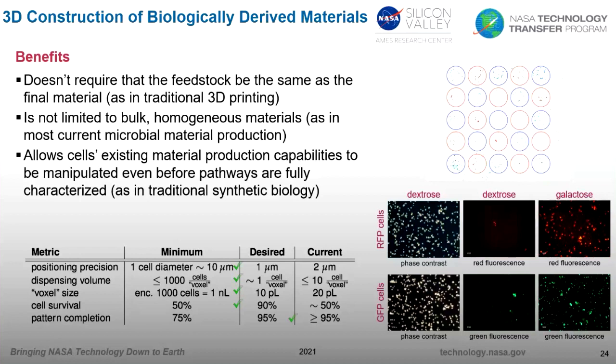You don't need to fully understand the complete production pathway that the cells have, which is what you would need to do in traditional synthetic biology if you wanted to do this with genetic engineering alone, because you've also now got physical control over the environment that you're depositing the cells in. So next slide.